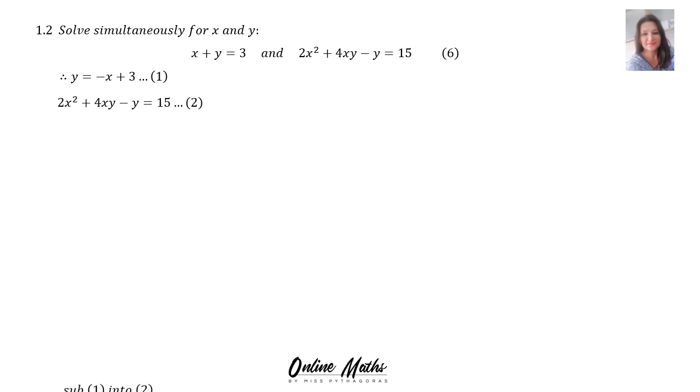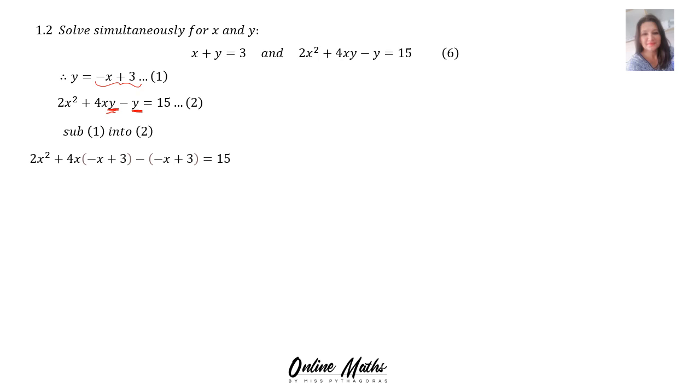And now you're going to substitute number 1 into number 2. That means everywhere where you see a y in the second equation, you are going to substitute minus x plus 3. And remember, when you substitute, very important, use brackets.